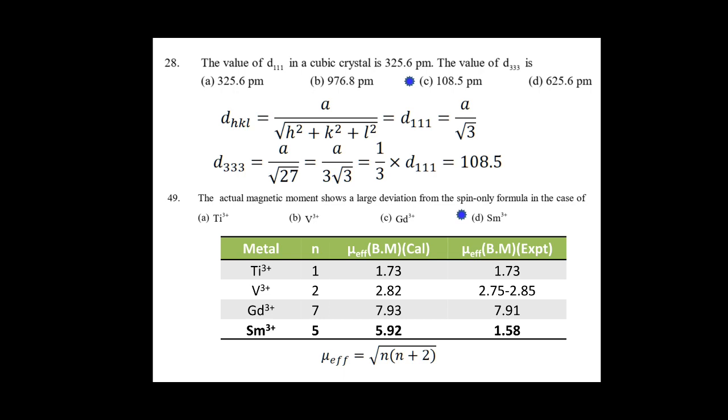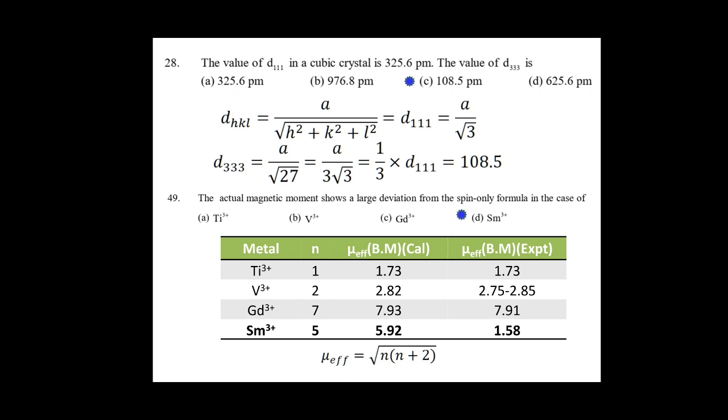Okay. So now the question is basically asking the distance between the Miller planes. So in a crystal, you have several planes, and each plane will be defined by these three numbers, HKL. And if you have parallel planes, the distance between the parallel planes you can get with the help of this formula.